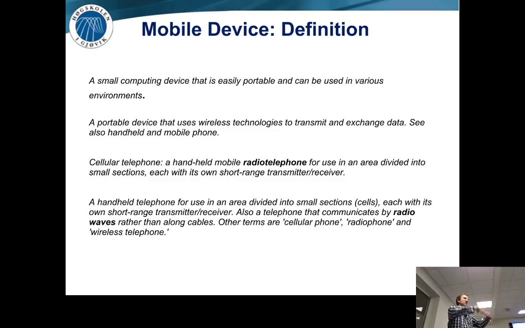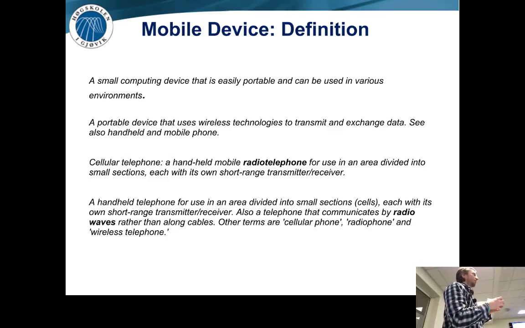We organize the space into cells, and within the cell you have a particular transmitter receiver to which you are connected, and if you leave the cell, you get to a different cell, and then you are connected to a different transmitter receiver, right? So that's why we call a cell phone a cell phone, because it's inherently built on the concept of those grids, on those cells.